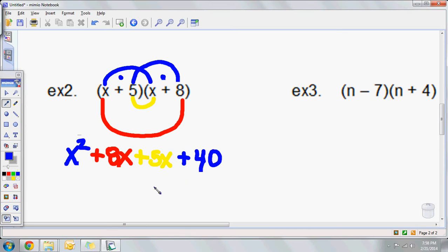Alright, so we've got our terms. The last step is looking for like terms. Hopefully you're noticing that we have an 8x plus a 5x. Those are like terms, so those can be combined in your final answer.